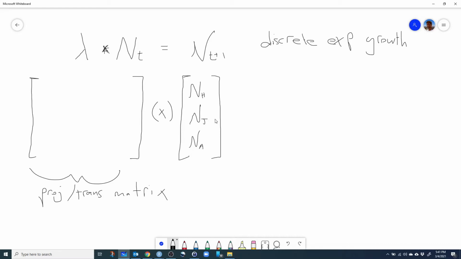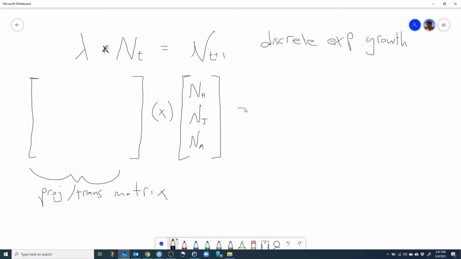All right. So when we're talking about abundance in an age-structured population, we're talking not just about one number, we're talking about as many numbers as we have stages. So in this case, we have 3 stages: hatchlings, juveniles, and adults. So we're keeping track of the total number of individuals in each of those classes: the hatchling class, the juvenile class, and the adult class.